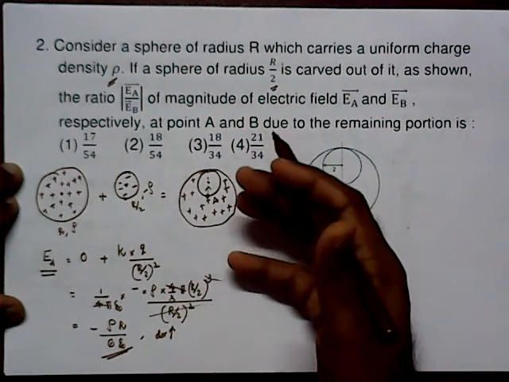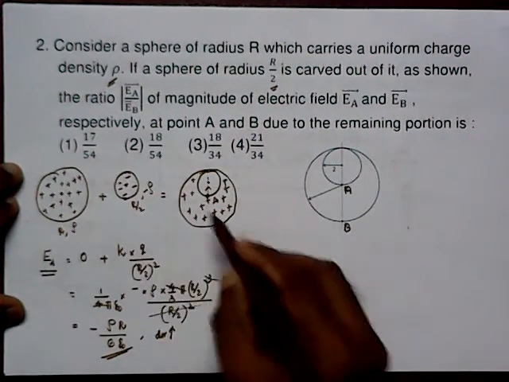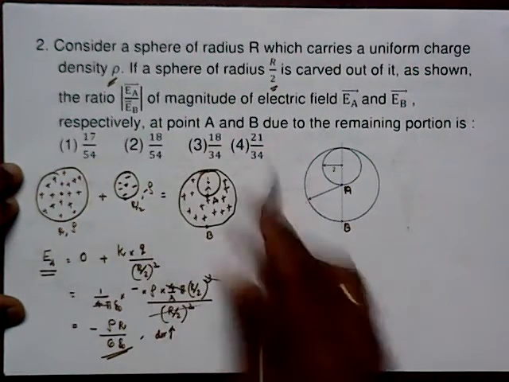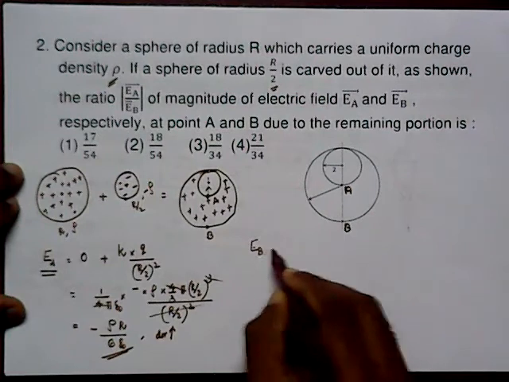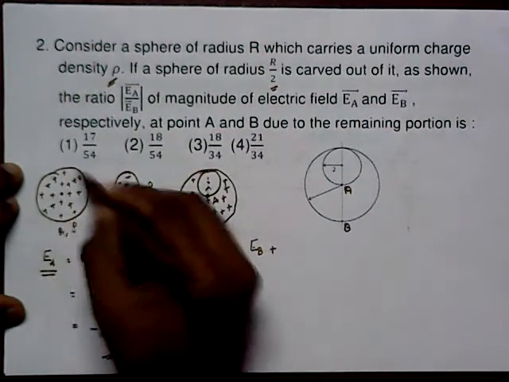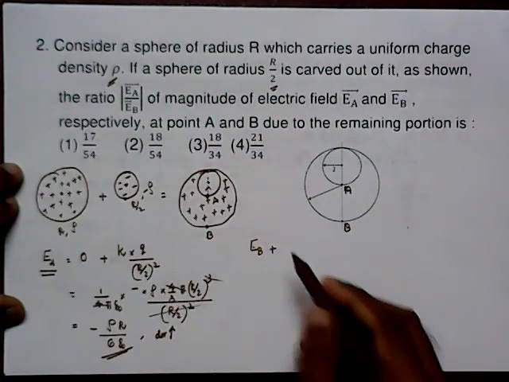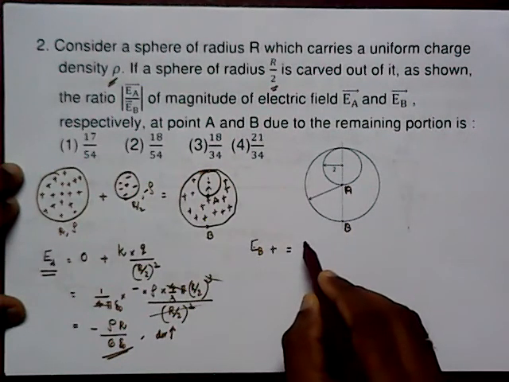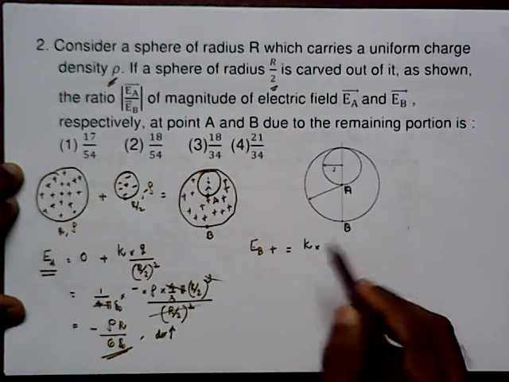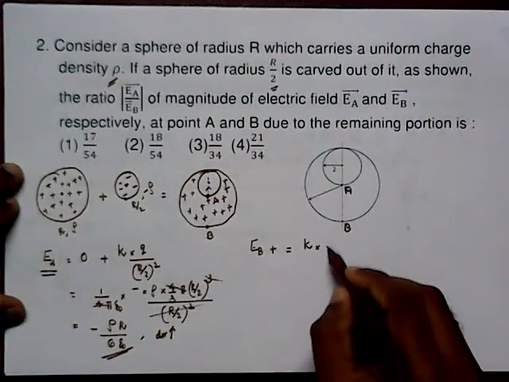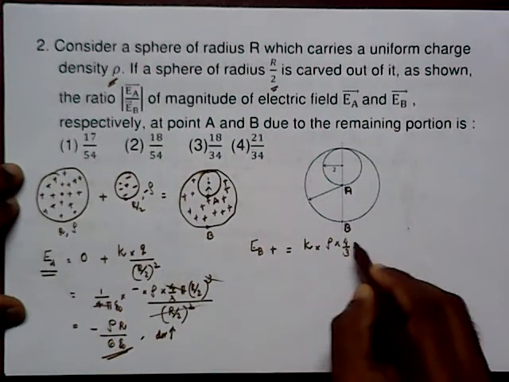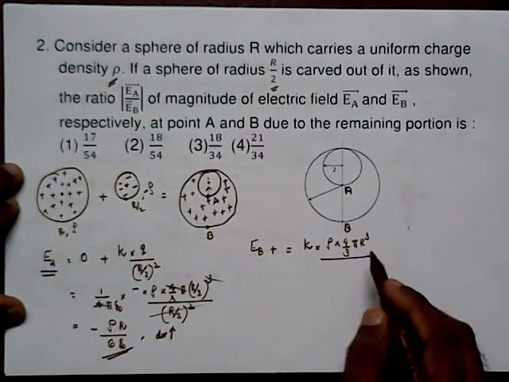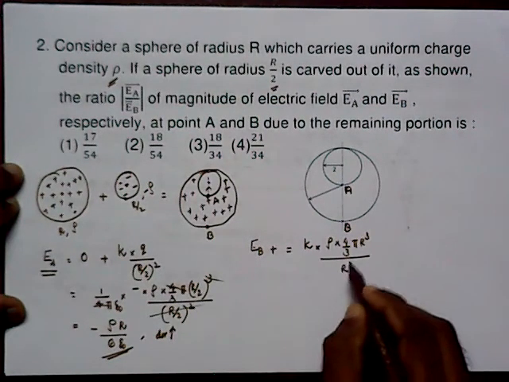So the second case is, what is the electric field at the point B? At first we can find the electric field at the point B due to the whole sphere. That is simply k into the total charge, rho into 4 by 3 pi r cube, divided by r square.